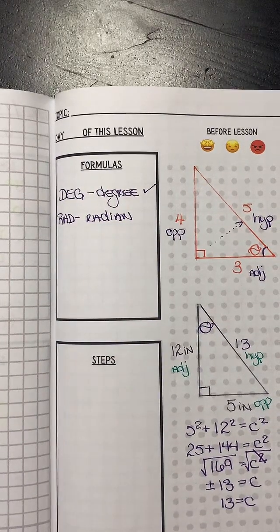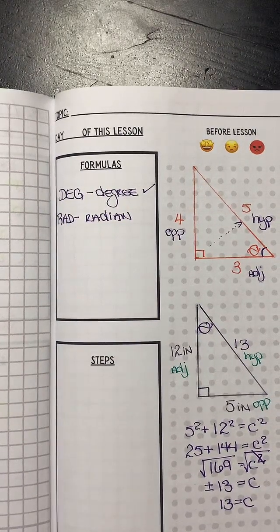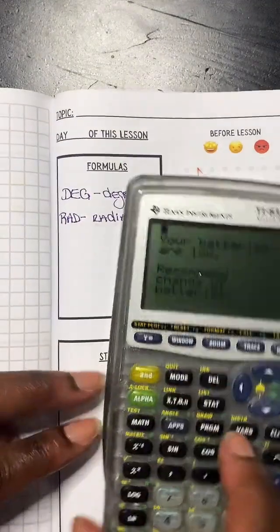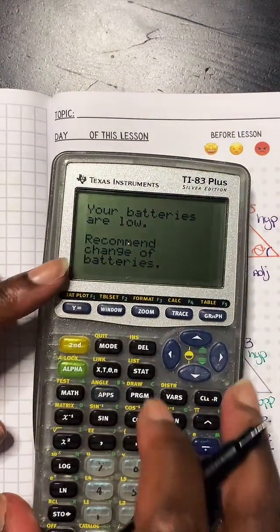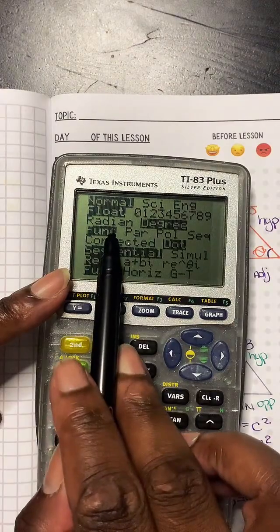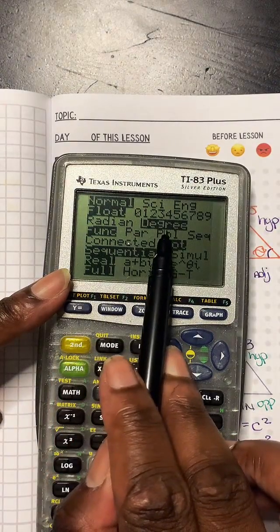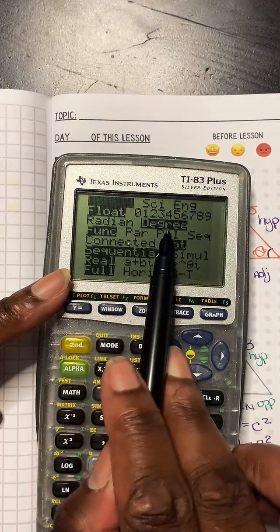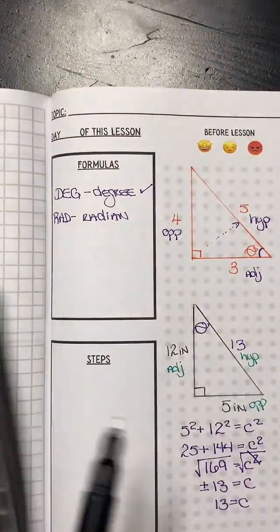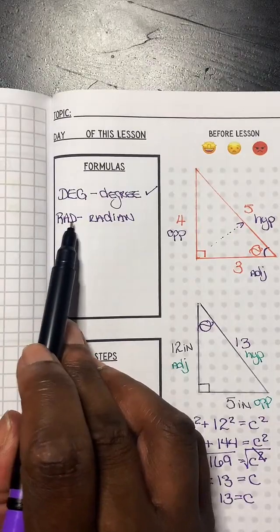Okay, so I would show you my phone, but I'm on my phone. I gotta get myself some batteries. But if I go to my mode, you notice right here, it has radian and it has degrees. Make sure degree is highlighted. If you're using your phone, you should see the word RAD.